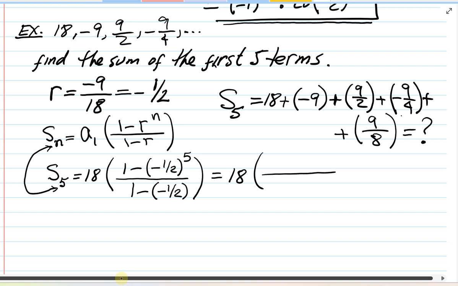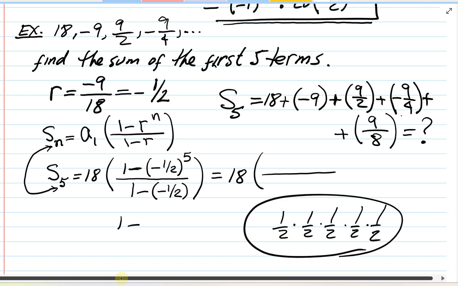So this is going to be 18 times. The numerator of this fraction is going to be 1 minus negative 1/2 to the 5th. That means 1/2 times 1/2 times 1/2 and so on, 5 times. So 1/2 to the 5th is going to be 1 over 32. The negative of 1/2 to the 5th will be negative 1/32. And then there is a negative in front of parentheses, right?